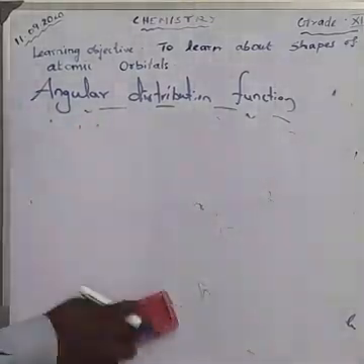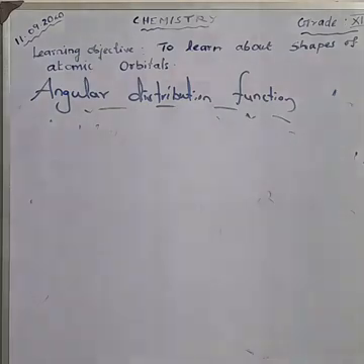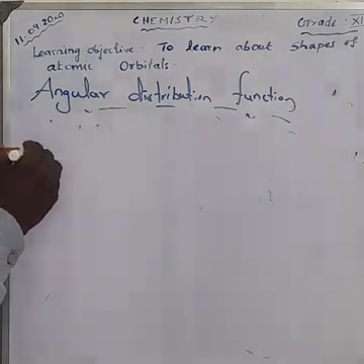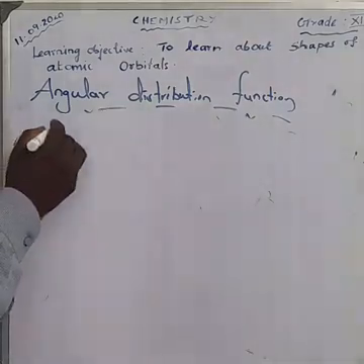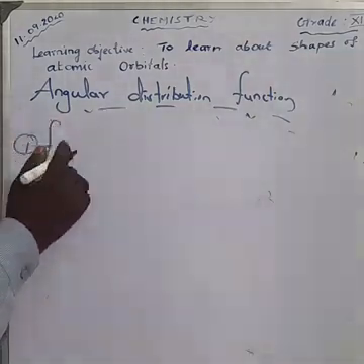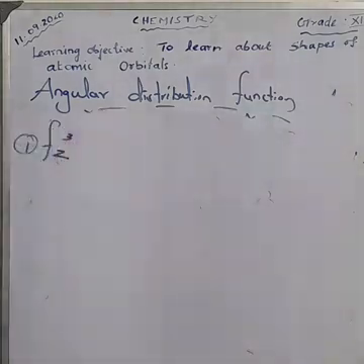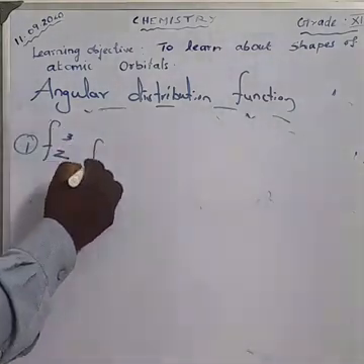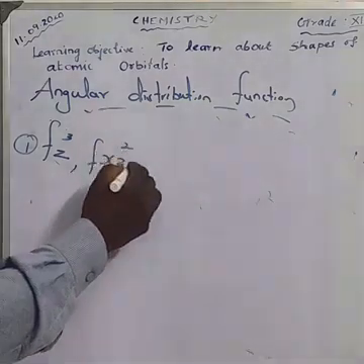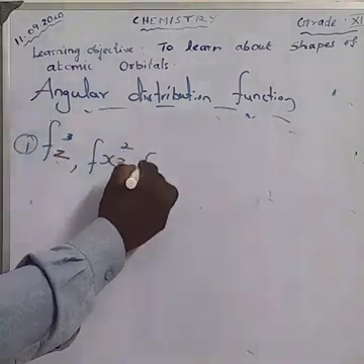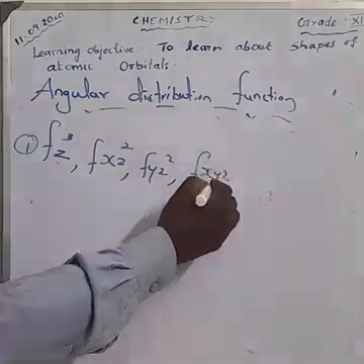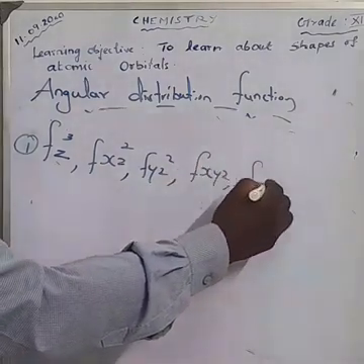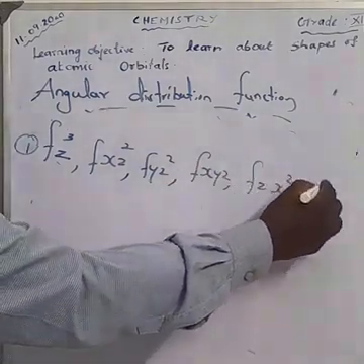Already I told you which are the f subshell orbitals. Can you remember? One is fz cube. You should write it in small letters. Next one, fxz square. Third one, fyz square. Fourth one, fxyz. Fifth one, fz(x square minus y square).